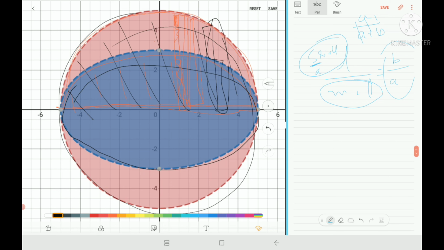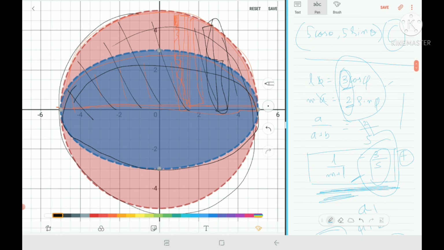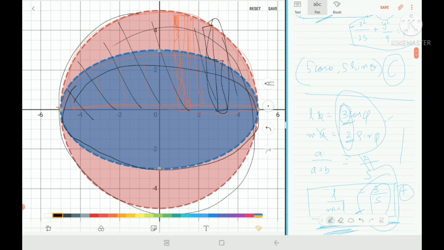So basically, you now know the area of the circle, right? Which is, yeah, sorry, pi a square. For this particular case, a is equal to 5, as I have written here.